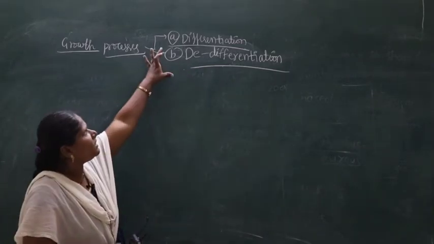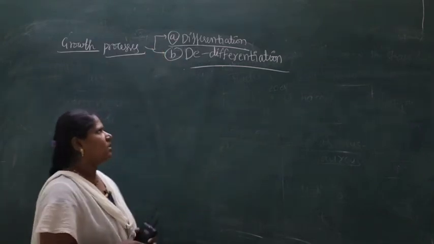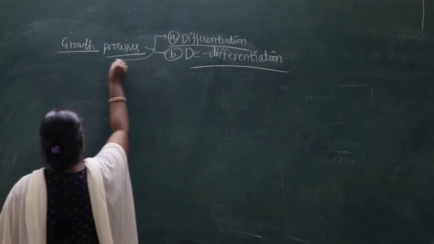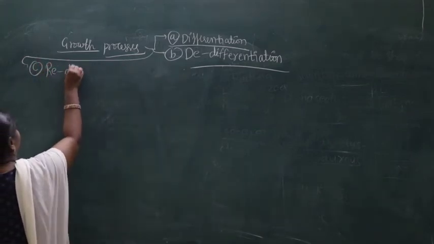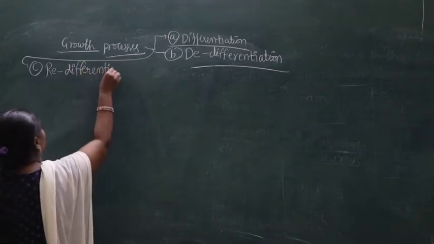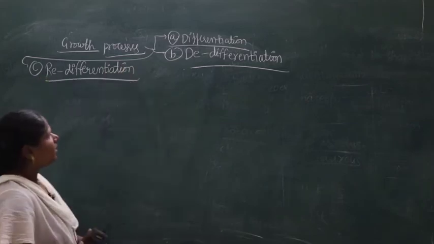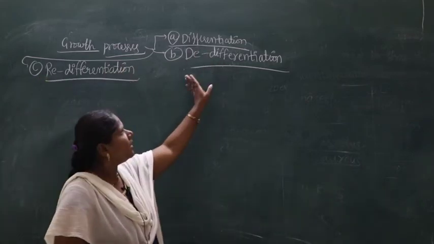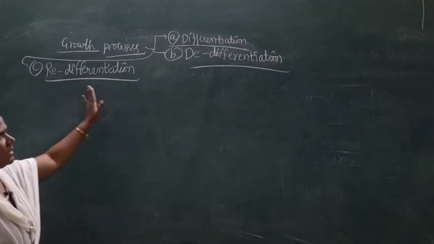The first one is differentiation, the second one is de-differentiation, and the third one is re-differentiation. Okay, differentiation, de-differentiation, and then what we have is re-differentiation.